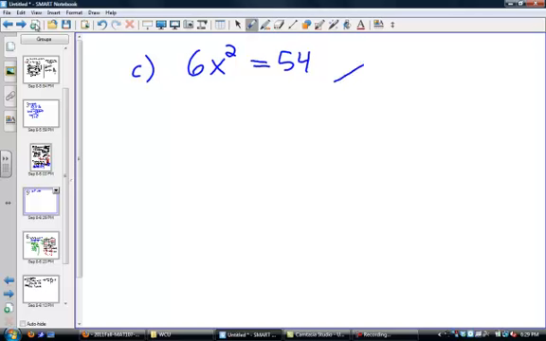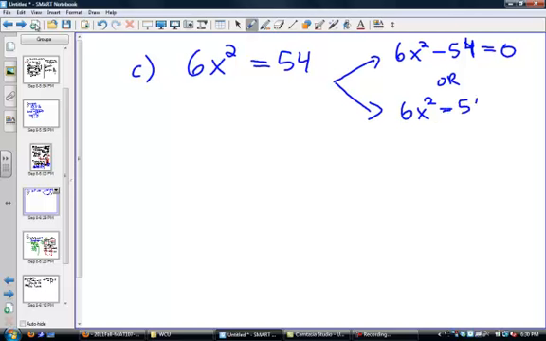There's two ways that you can attack this problem. You can do the conventional always set it equal to 0 way. 6x squared minus 54 equals 0. You do that. Or you could go with just taking it as it is and dividing by 6. But you have to be careful with that second way, though.